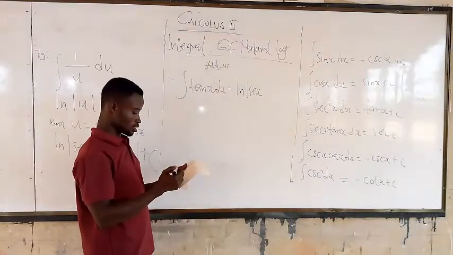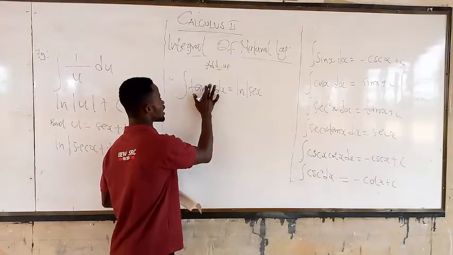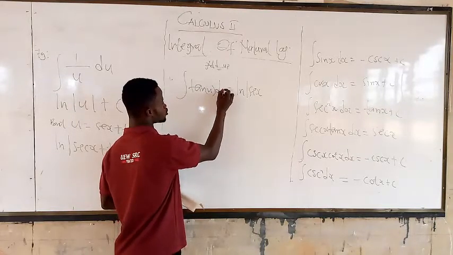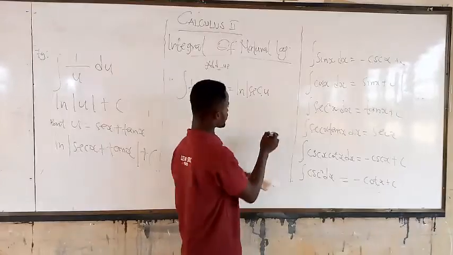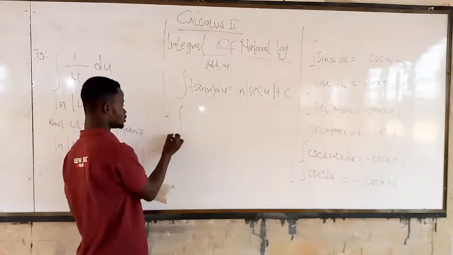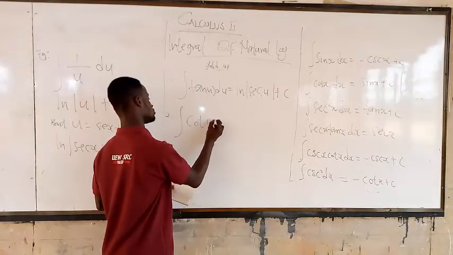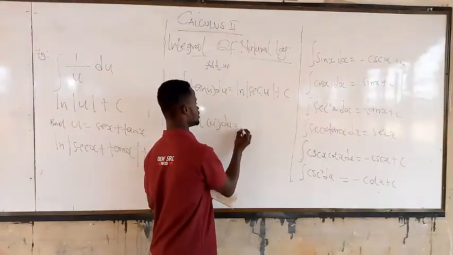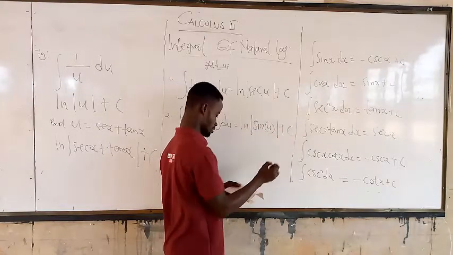Now let's go to it in general, because the s here can be a function, so let's use u. When you integrate tan u with respect to u, you are going to get ln sec u plus c. And when you integrate cot u du, here too you are going to get ln sin u plus c.